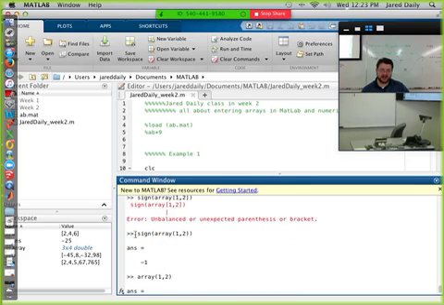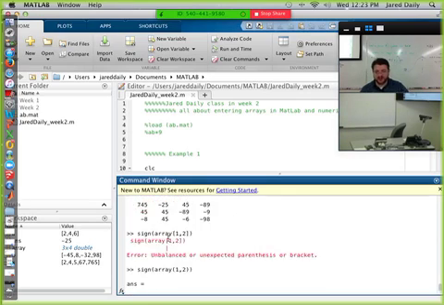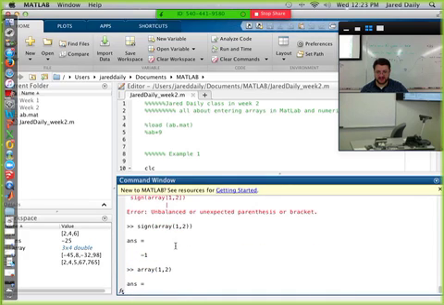If I put it into here, sign of array 1, 2 with parentheses, then it goes and looks at that and tells me what the sign is, which showed me that it was negative 1. So that can be useful when you're looking for the sign of a number in a big array and you don't want to just go hunting for it, you just want to search for it and find it.